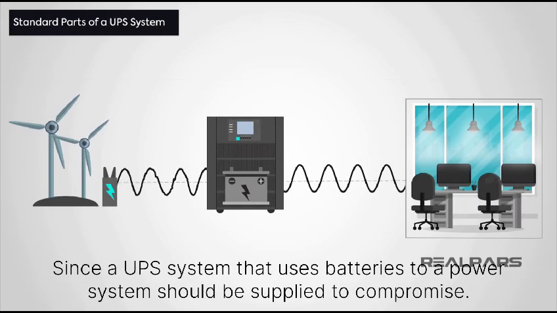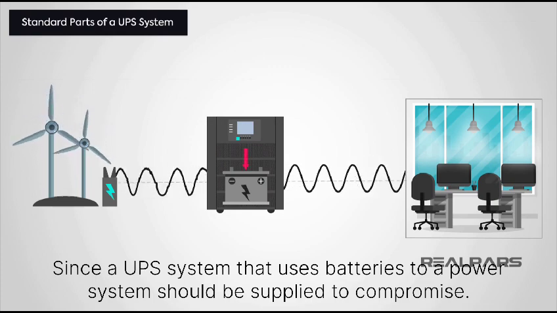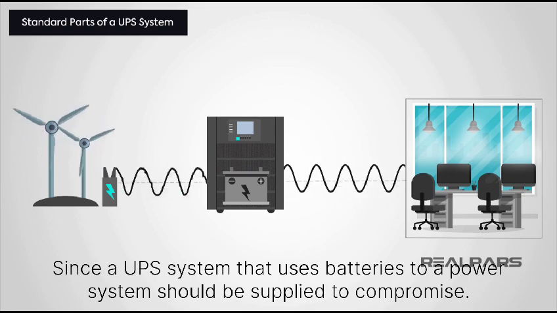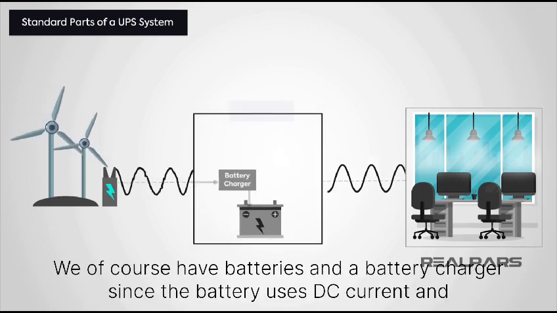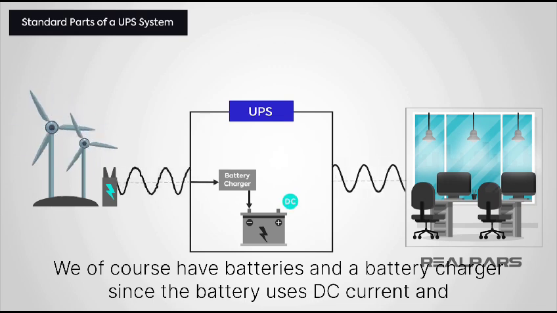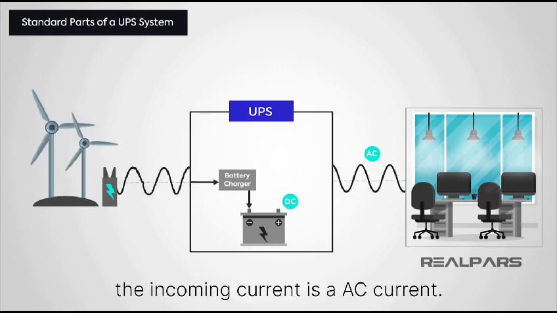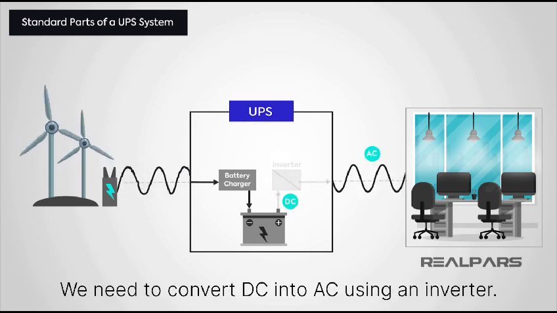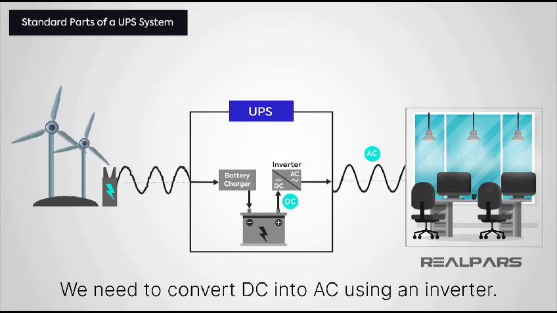Since a UPS is a system that uses batteries to power a system when the supply is compromised, we of course have batteries and a battery charger. Since the battery uses DC current and the incoming current is AC current, we need to convert DC into AC using an inverter.